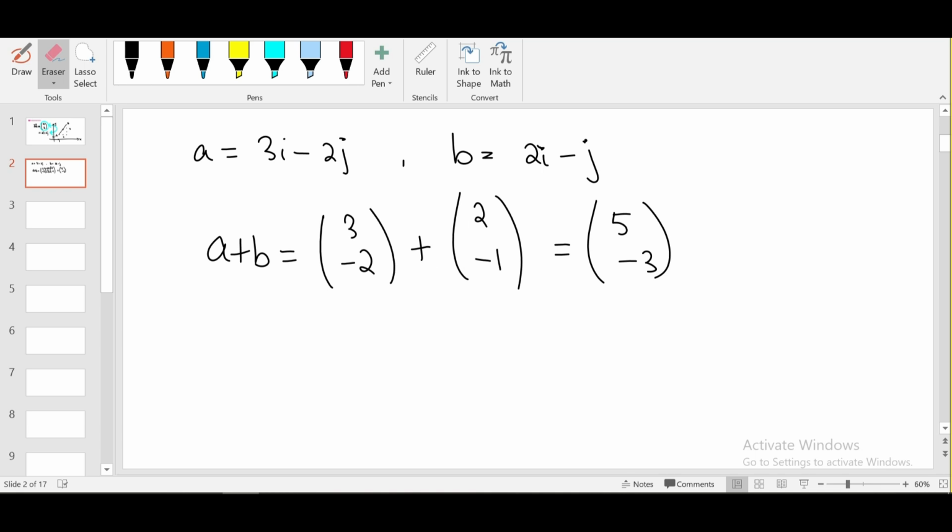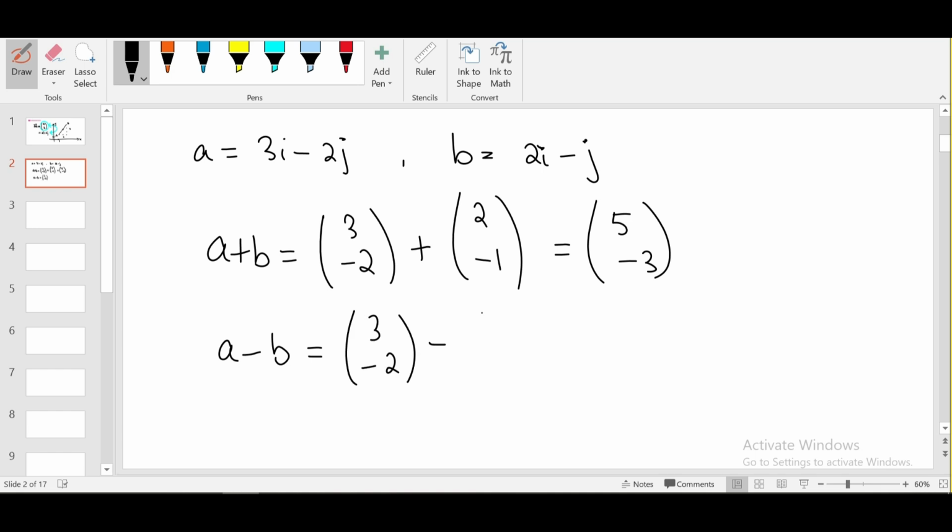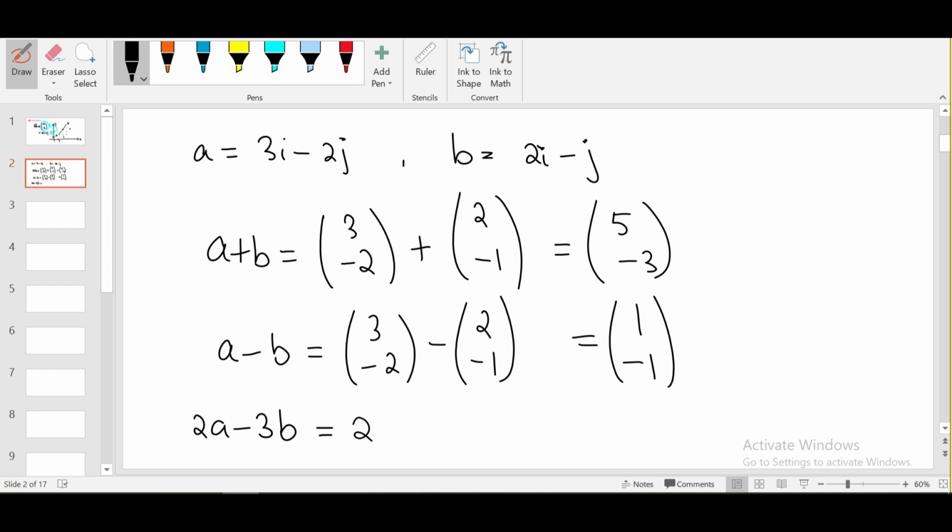If they ask you to find A minus B, you write A minus B. So 3 minus 2 is 1, and minus 2 minus of minus 1, which is minus 2 plus 1, is negative 1. Understand? Let's say they want you to find 2A minus 3B, scalar multiplication of the vectors.